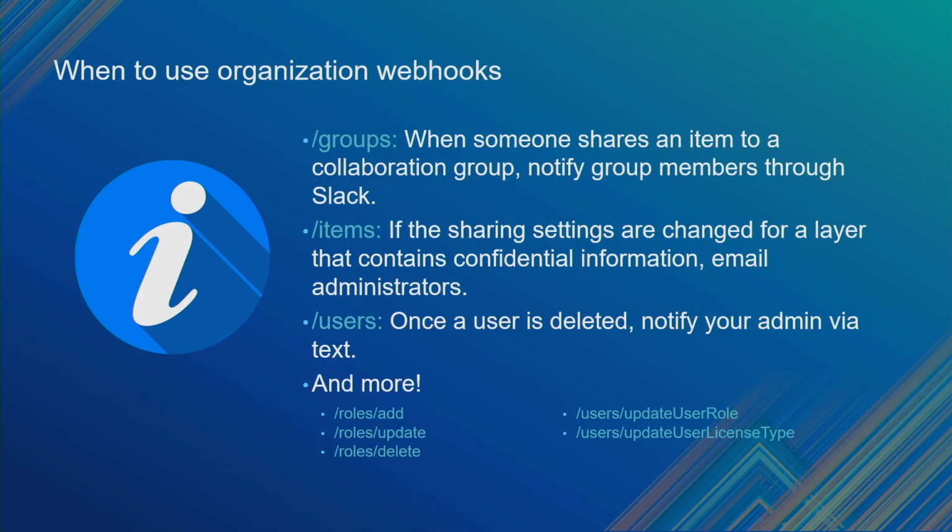So let me share some examples of when you would want to use organizational webhooks. To automate notifications or actions when a user is created, updated, or deleted. So you could automatically add new group members to a mailing list or notify new group owners of changes.